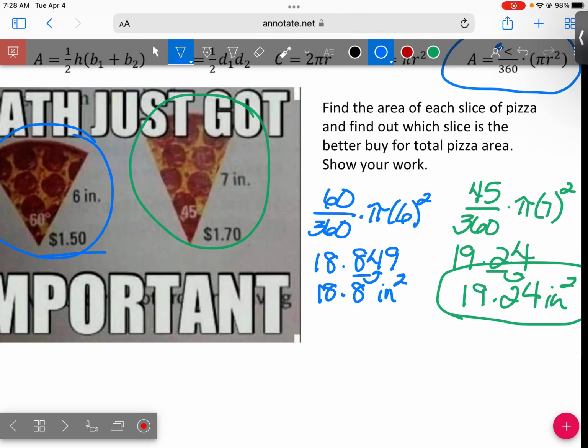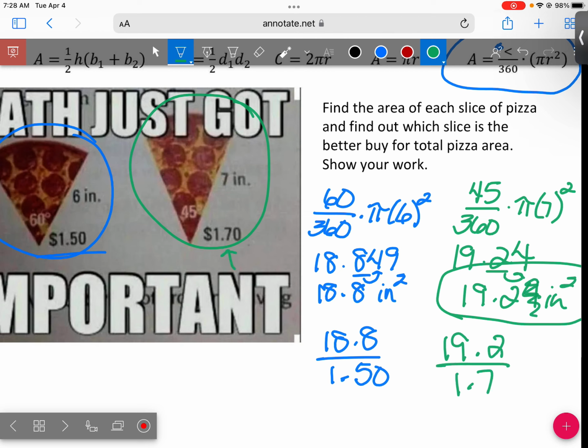So I'm going to say 18.8 is to $1.50, and we're going to compare that to 19.2, and this one costs $1.70. So it makes sense that the bigger slice would cost a little bit more, but we're trying to see which one is the better buy for total pizza, okay?